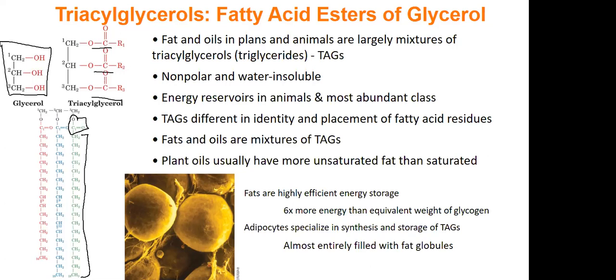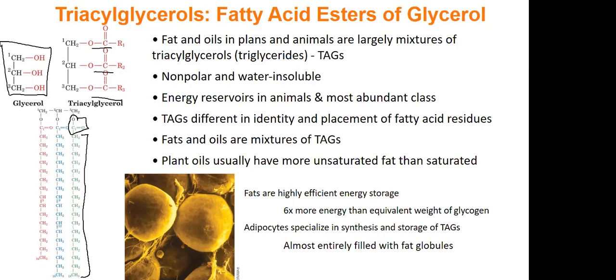And basically, fat has 6 times as much energy as an equivalent unit of glycogen. We talked about glycogen last week. Glycogen is our sugar storage. And basically, the average person has enough glycogen in your body to live for like 1 day.